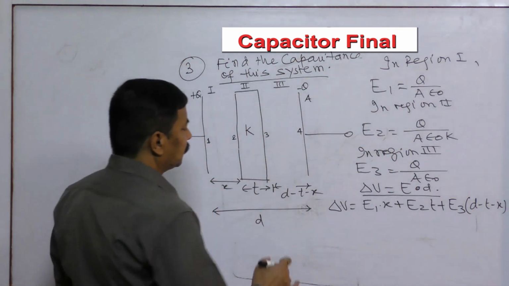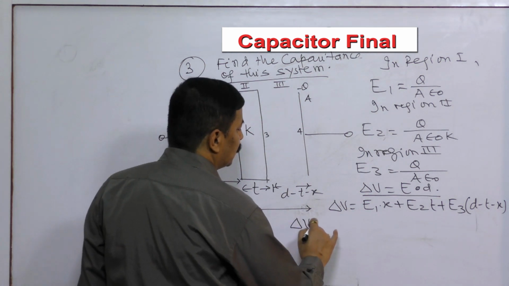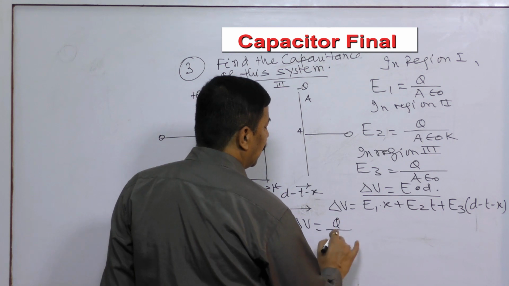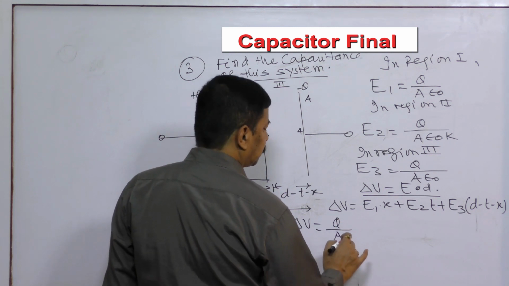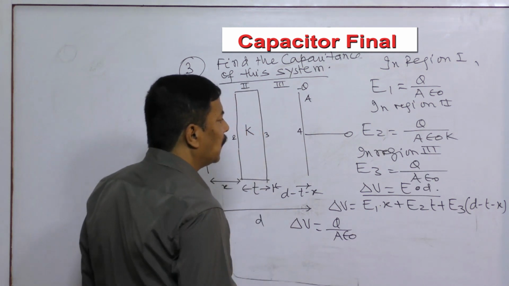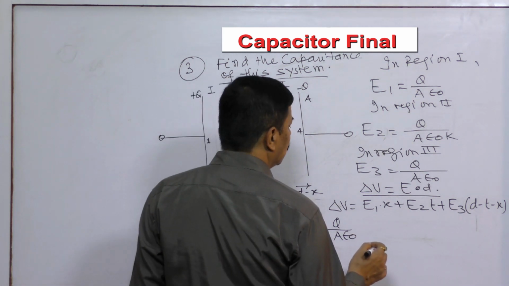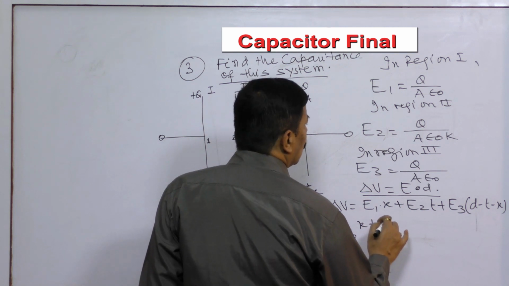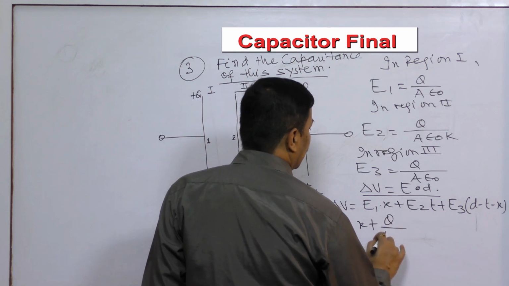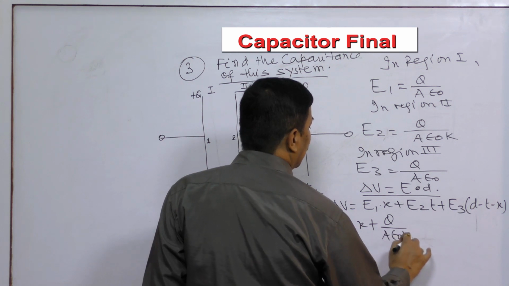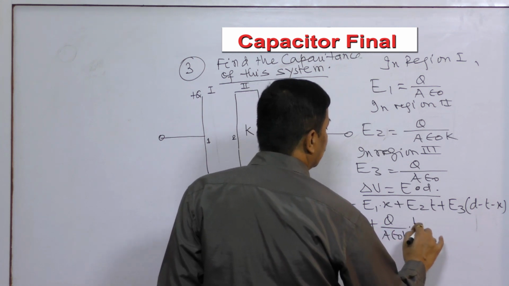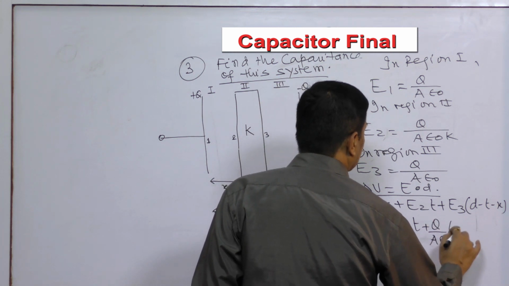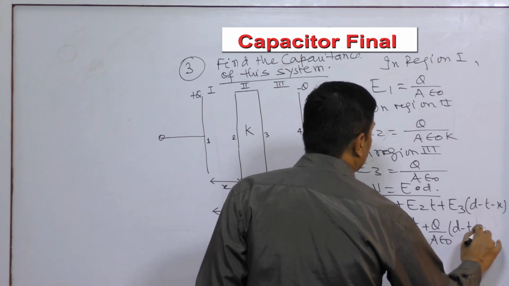Put the values. Delta V is equal to Q by A epsilon naught into x, plus Q by A epsilon naught K into T, plus Q by A epsilon naught into D minus T minus x.